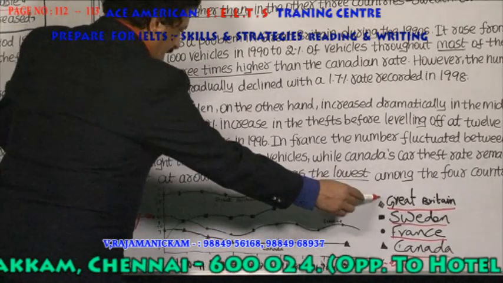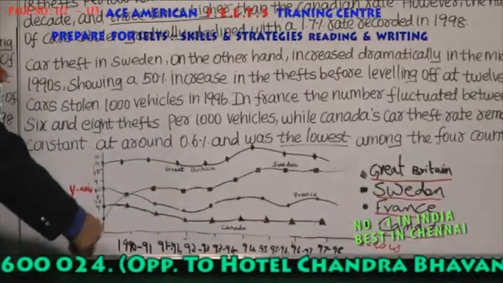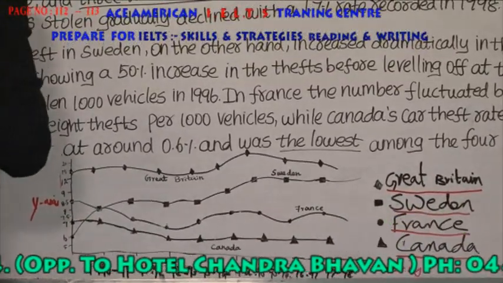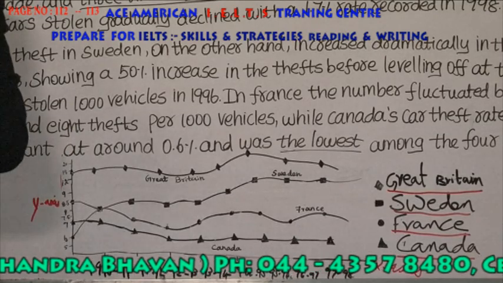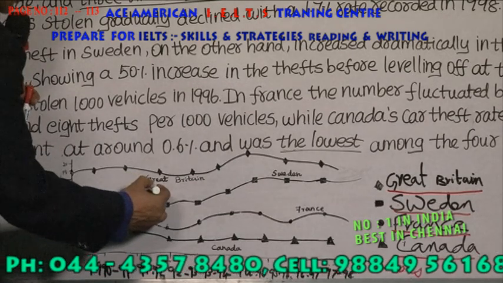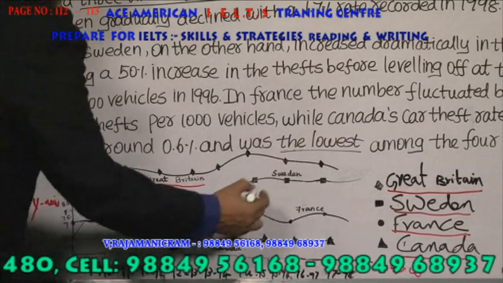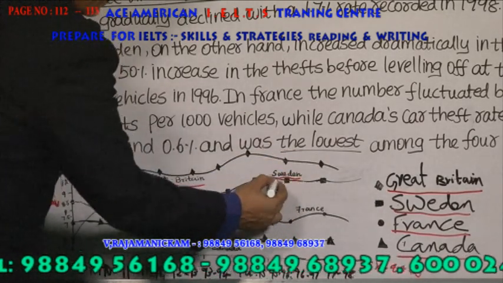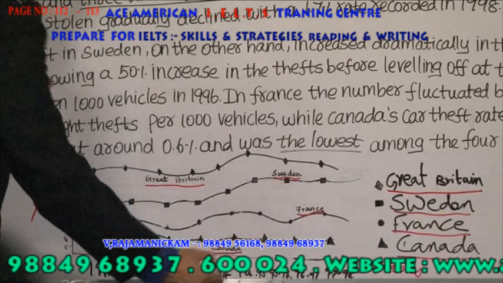So countries are Great Britain, Sweden, France, Canada. The x-axis mentions the time, and the y-axis the number of cars stolen per 1,000. So see here which country really leads. The Great Britain. It is number 1, highest. Second country is Sweden. Third country is France. And the fourth country is Canada.